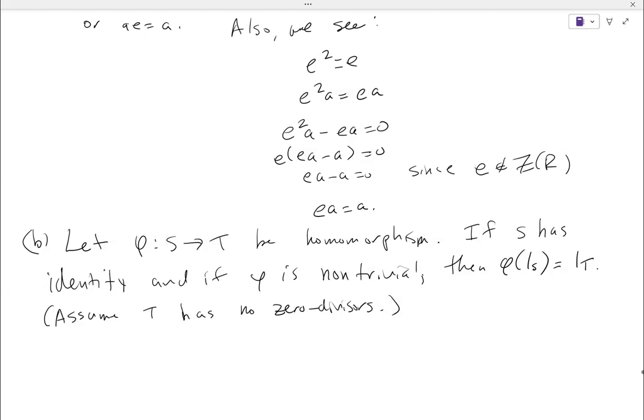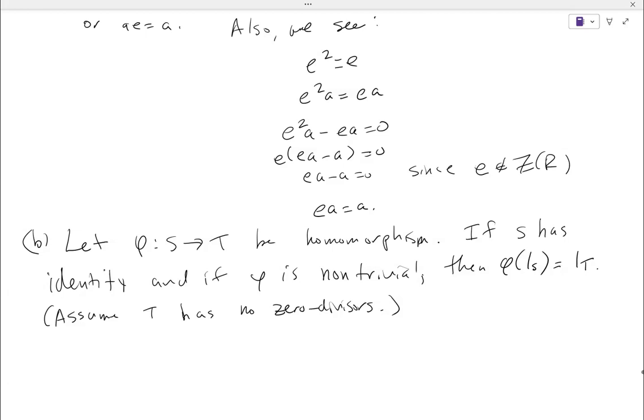This one wants us to show that the output of the identity in S is the identity in T. So what we want to do is show that that output is a non-zero divisor idempotent, because then we can just use the previous part.